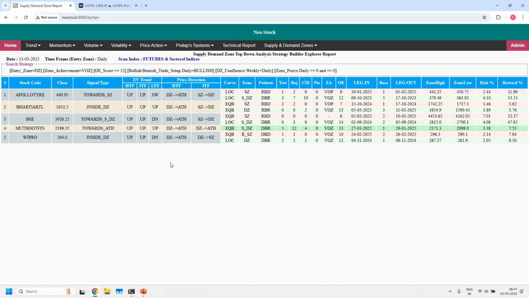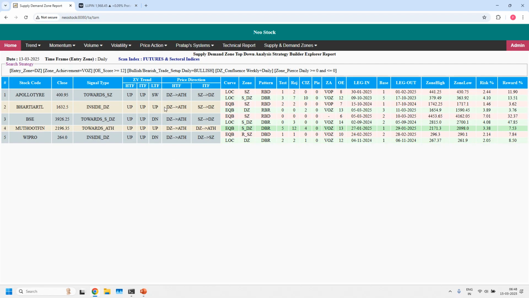If the weekly zone is having weekly EMA confluence, then those stocks might be having even higher probability to get success. See, this is a probability game. We are not guaranteeing, but probability. Chances are higher. Sometimes our analysis also might be wrong, but the majority of the time the chances are high.